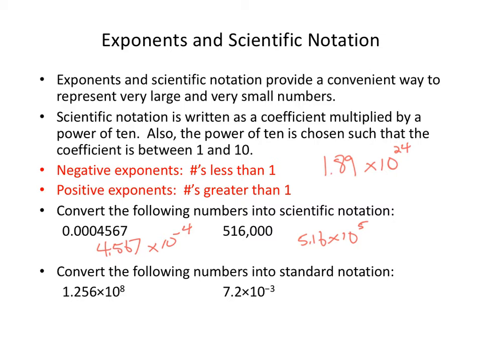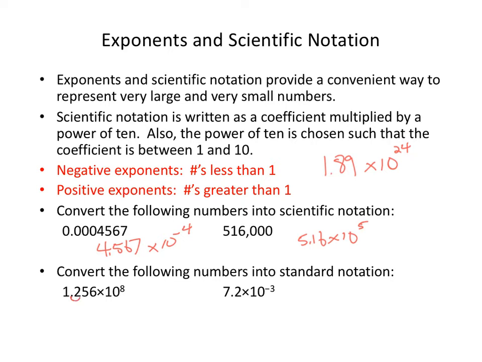Right, and then similarly, if we look at going from scientific notation to conventional or standard notation, I need to move the decimal place again. And again, I'm not going to worry about left or right. When I look at this number, I see that it's a power of 10 to the positive 8. So I know that this number is bigger than 1. So in order to make this a big number, I need to move the decimal place this way, and I need to move it 8 places.